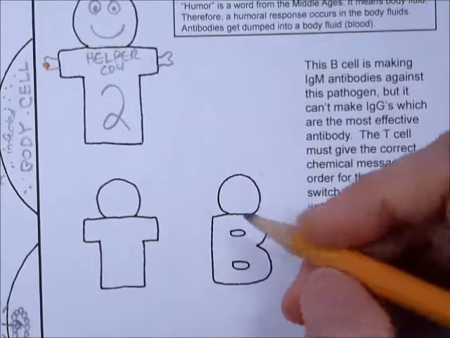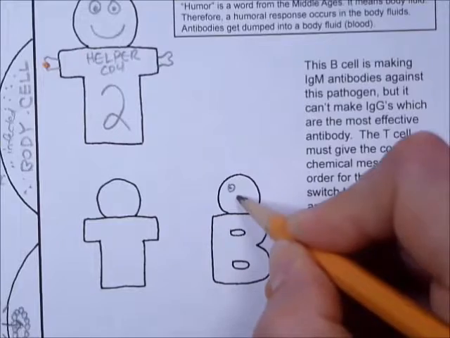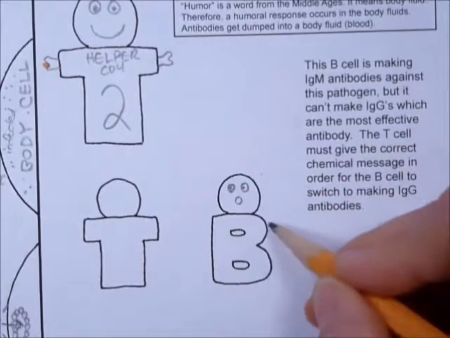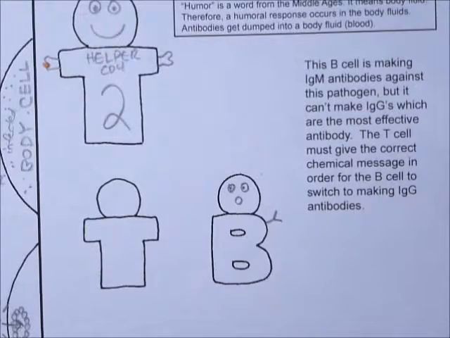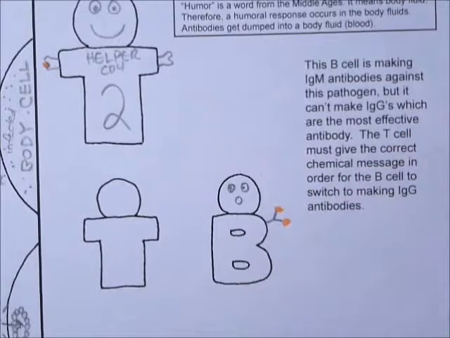So let's draw the B cell first. It's not quite sure what to do because it found this thing. Let's give him a little, looks like an antibody sticking there.